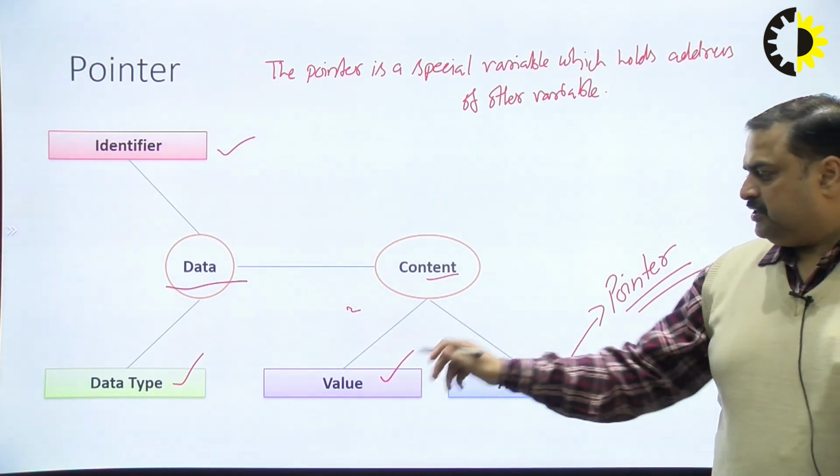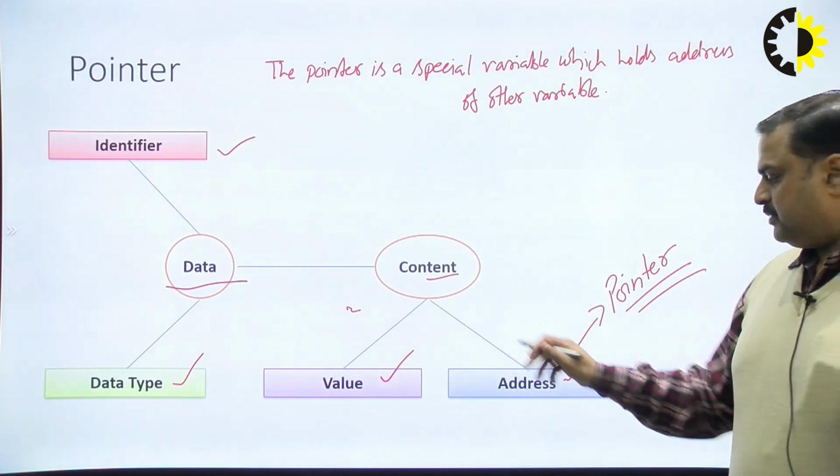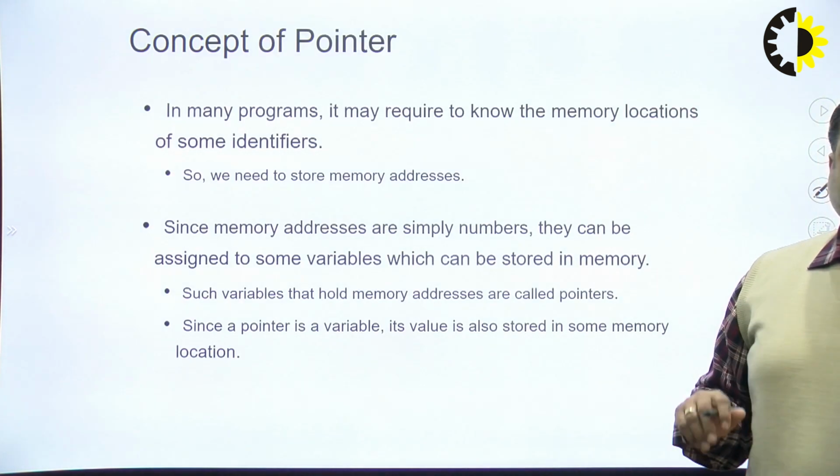So, if it is a value, then it is a normal variable, but if it is an address, that means it is a pointer variable.